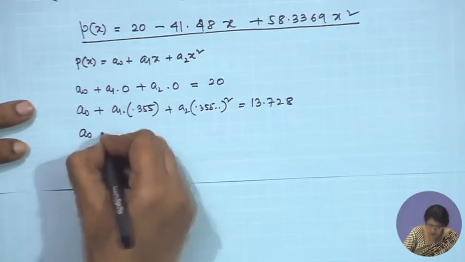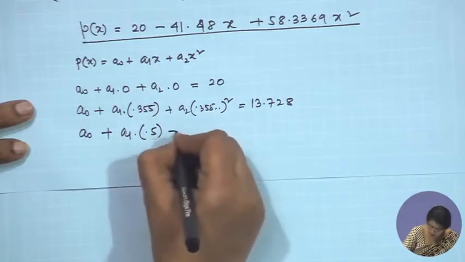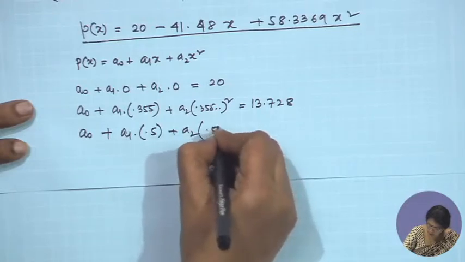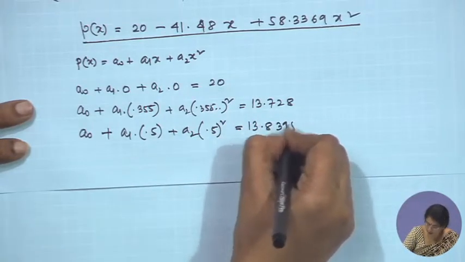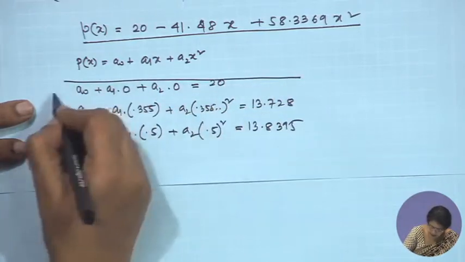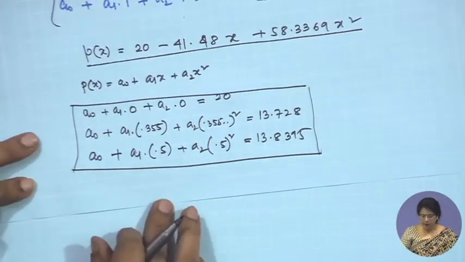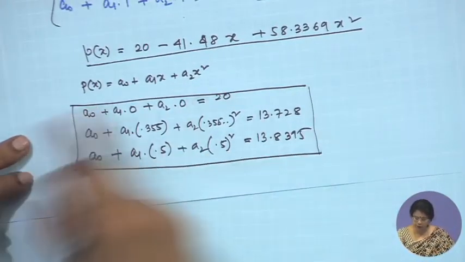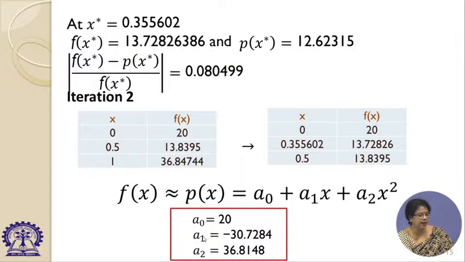The third equation is A naught plus A1 into 0.5 plus A2 into 0.5 square is equal to 13.8395. That means again we are getting 3 equations, 3 unknowns, and we will get the values for A naught, A1 and A2 from these equations. These are the new values of A naught, A1 and A2.